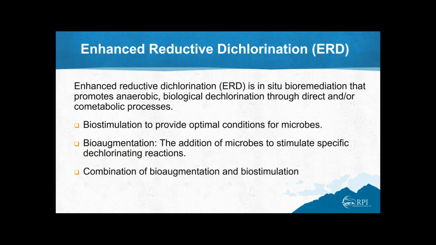These fatty acids are metabolized by the microbes to release hydrogen, and this process will deplete the aquifer's dissolved oxygen and other electron acceptors, including nitrates and sulfates, which typically lower the oxidation reduction potential, thereby creating conditions for reductive dechlorination to occur.